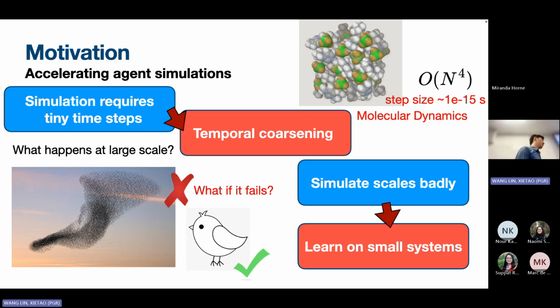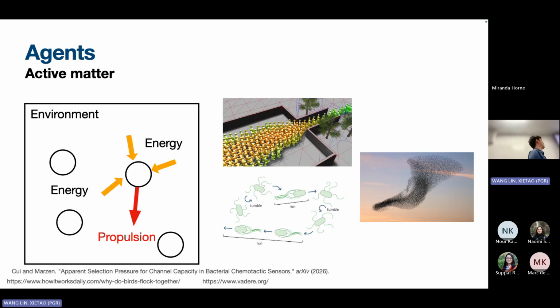The way we're going to test this is by using active matter systems. Active matter is basically anything that takes energy from the environment and uses it to propel itself, without external forces or anything like that. There are many examples you can draw from the literature.